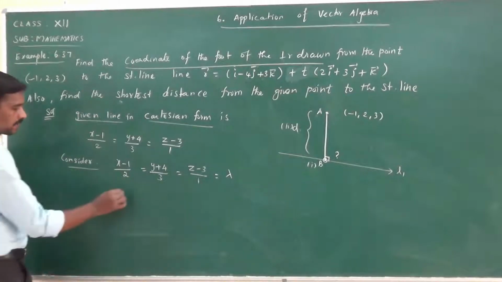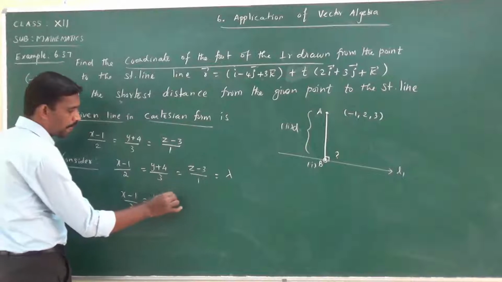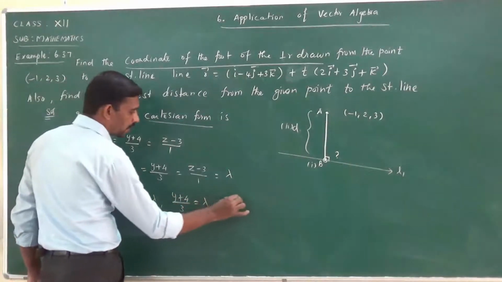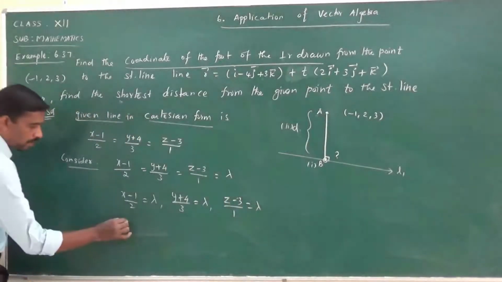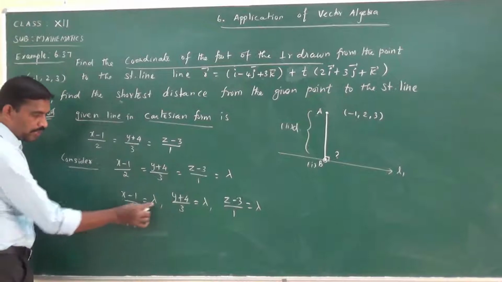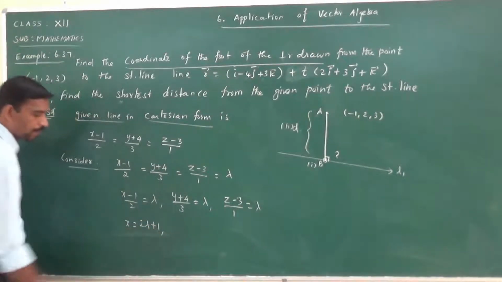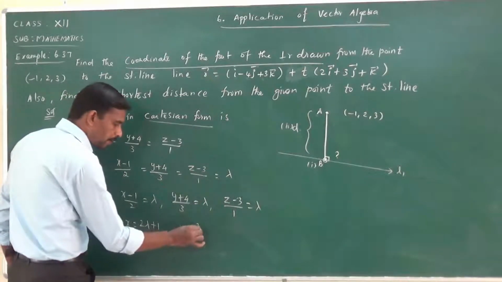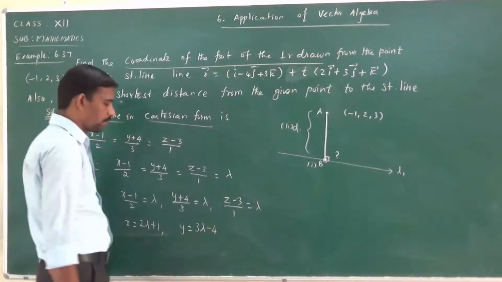Now find out x. So x minus 1 divided by 2 is equal to lambda, y plus 4 divided by 3 is equal to lambda, z minus 3 divided by 1 is equal to lambda. Then x is equal to 2 into lambda, 2 lambda, so minus 1 goes to that side, plus 1. Here y is equal to 3 into lambda, 3 lambda, so plus 4 goes to that side, minus 4, 3 lambda minus 4.